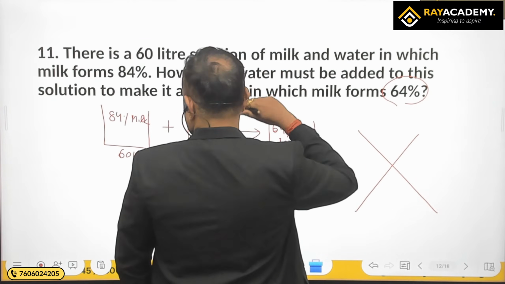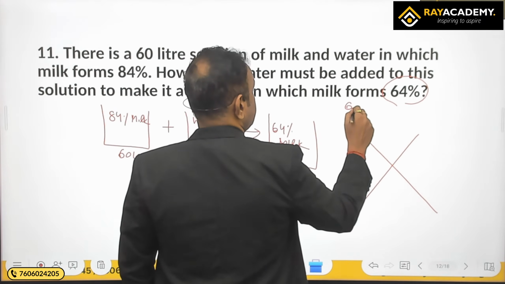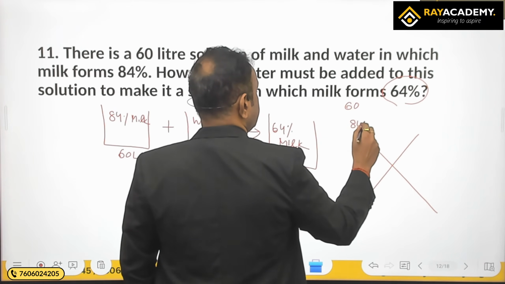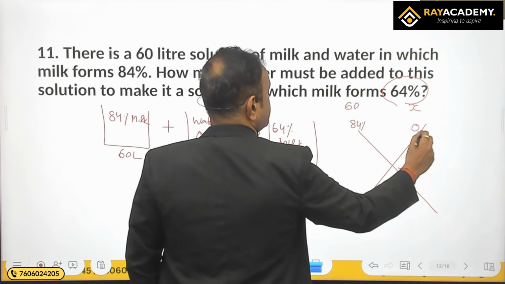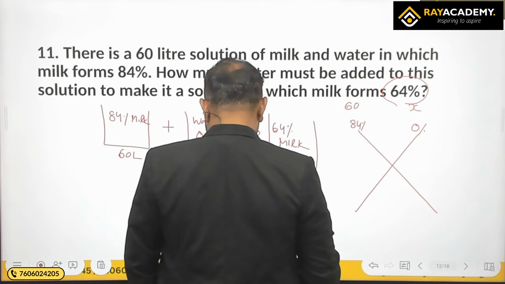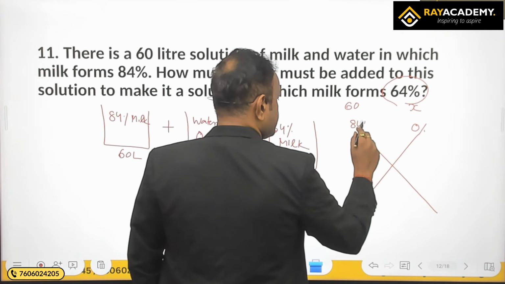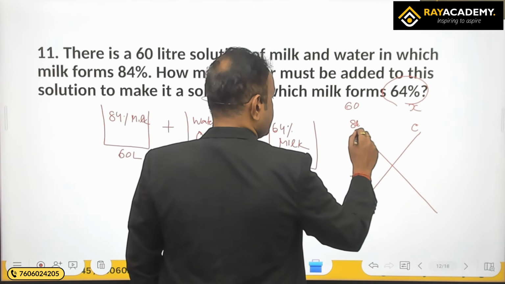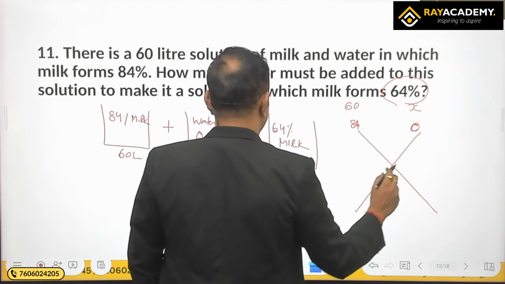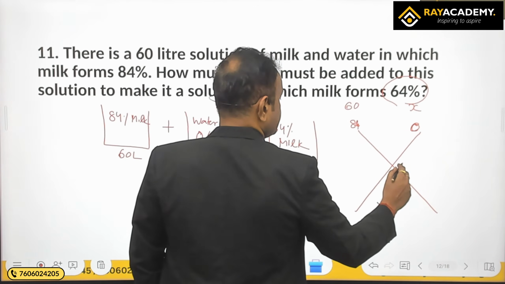I can put it here. This is 60 liters, and its concentration is 84%. The water is x, and its concentration is 0%. For your knowledge, it is 84% and 0%, and the average is 64.